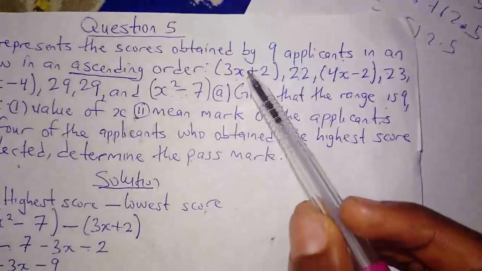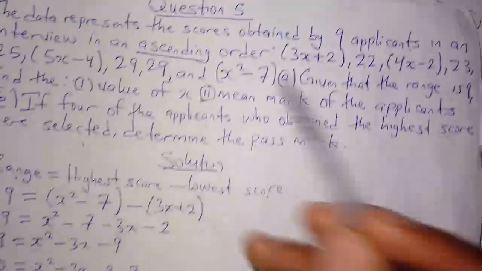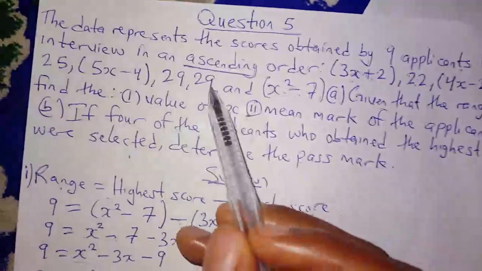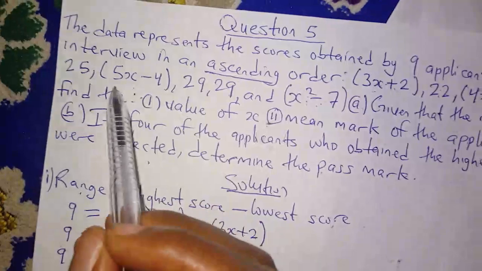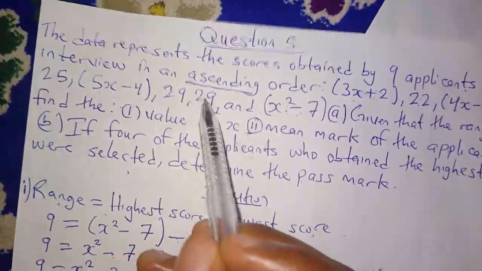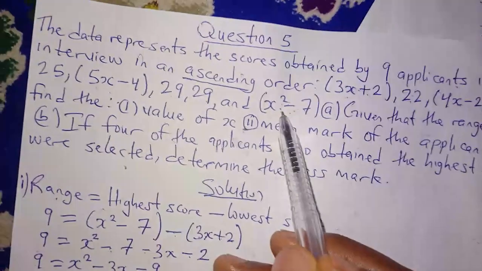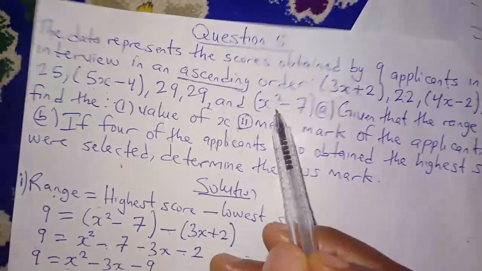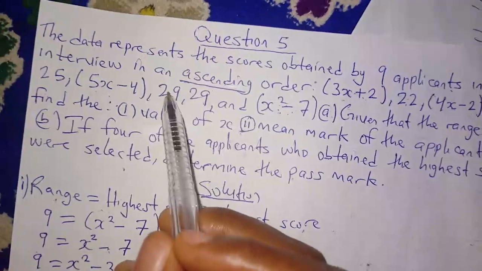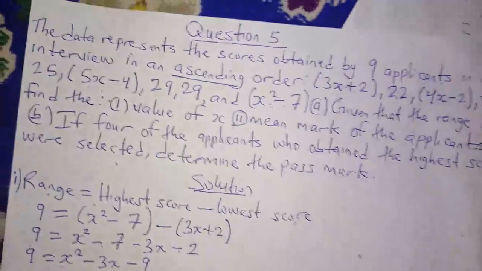So the scores have been arranged in ascending order already. It means this is the highest score, followed by this, followed by this, followed by this. So these last four are the highest four scores for the interview. Remember, this is 29. We got this to be 29. So the highest scores are 29, 29, 29, and 5x minus 4.